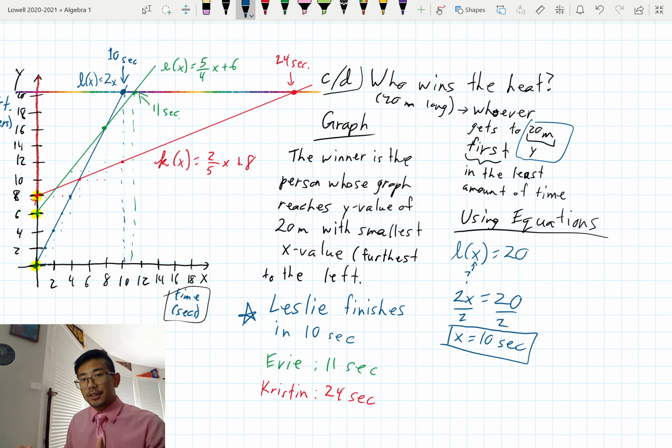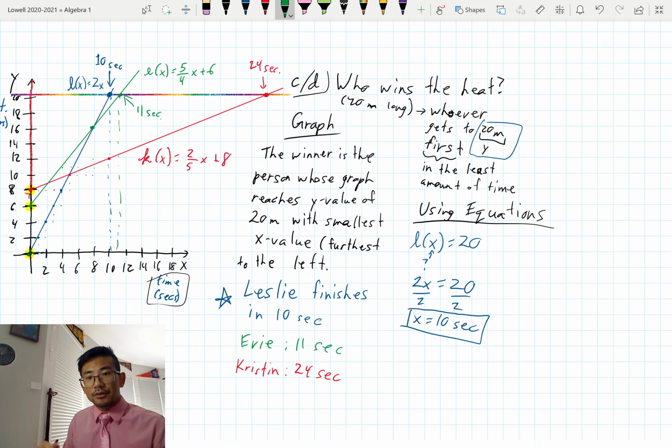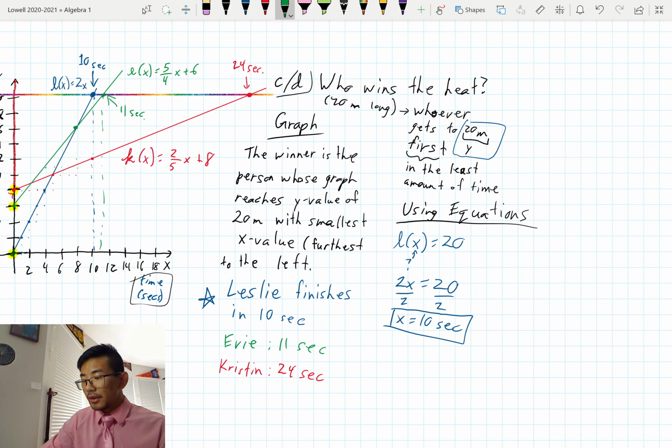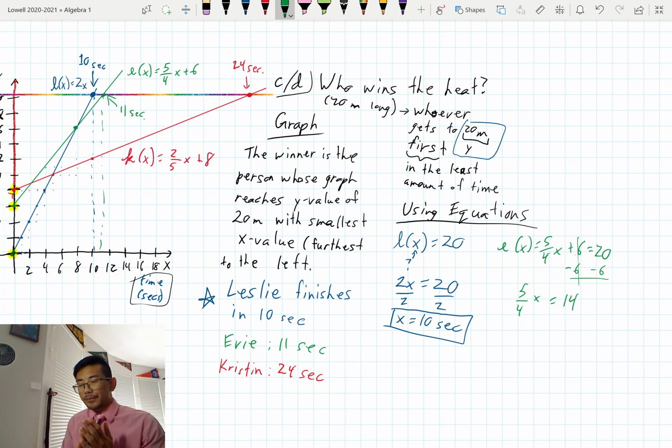We could do the same for Kristen and Evie. Let's try to get all this to fit on one page here. For Evie, E of x would equal 5/4 x plus 6. Ooh, this one's going to be kind of tricky. That has to equal 20, so I'll subtract 6 from both sides, and I'll get 5/4 x equals 14. Okay, can I deal with this? Well, remember, some people have trouble dealing with fractions, and that's okay. But you could just break the fraction up.